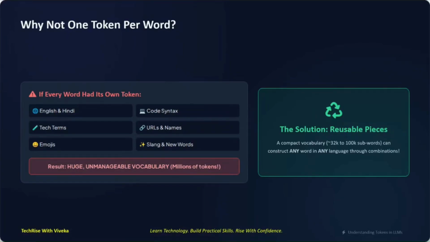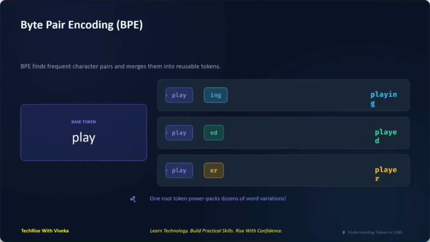Instead, tokenizers use reusable pieces of text, and this is where BPE comes in. One commonly used approach is called BPE, or byte pair encoding. Don't worry about the complicated name. The basic idea is quite simple.